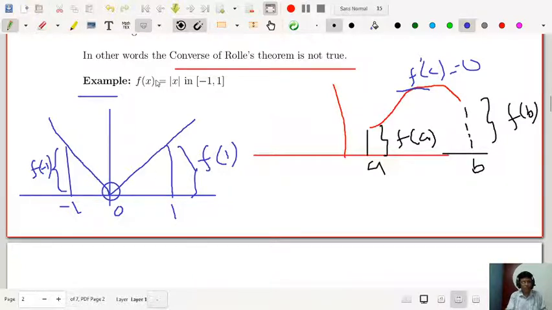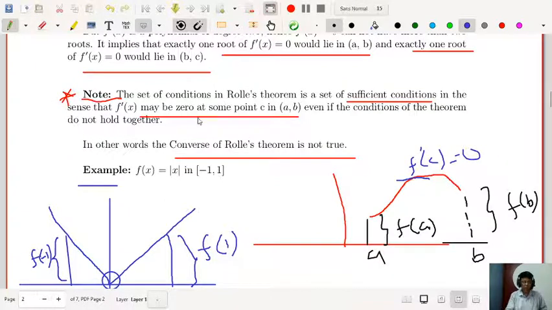Mod x is not differentiable at 0. It is a continuous function in any interval, but it is not differentiable at 0 because you have a sharp peak at 0. So you cannot apply Rolle's theorem on mod x in any interval that contains 0, because it is not differentiable at 0. So that is the main observation of Rolle's theorem, that the conditions of Rolle's theorem are sufficient but not necessary.